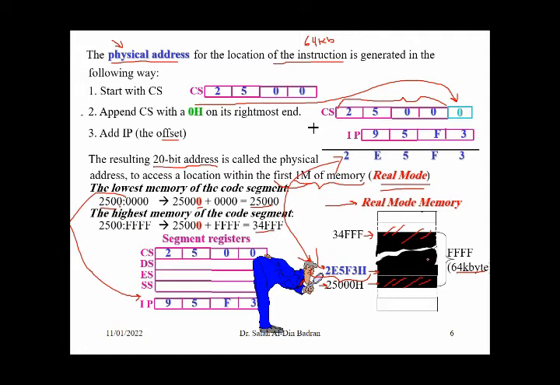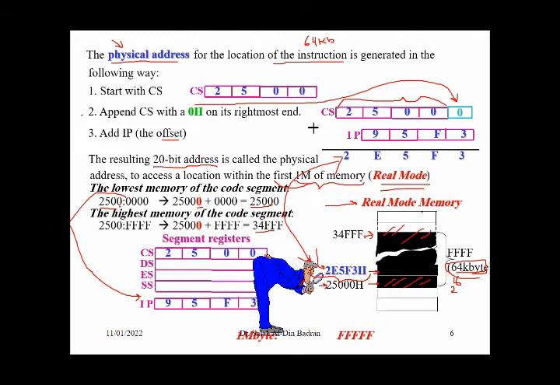This is the memory space of the segment, because the segment is 16-bit. This is 2 to the power 16, which corresponds to 4F, starting from 25000 up to 343Fs.